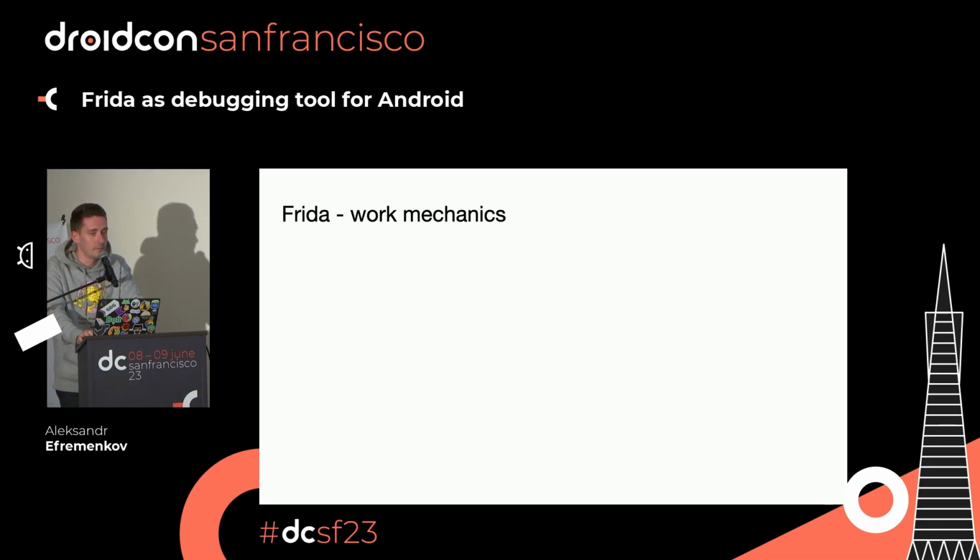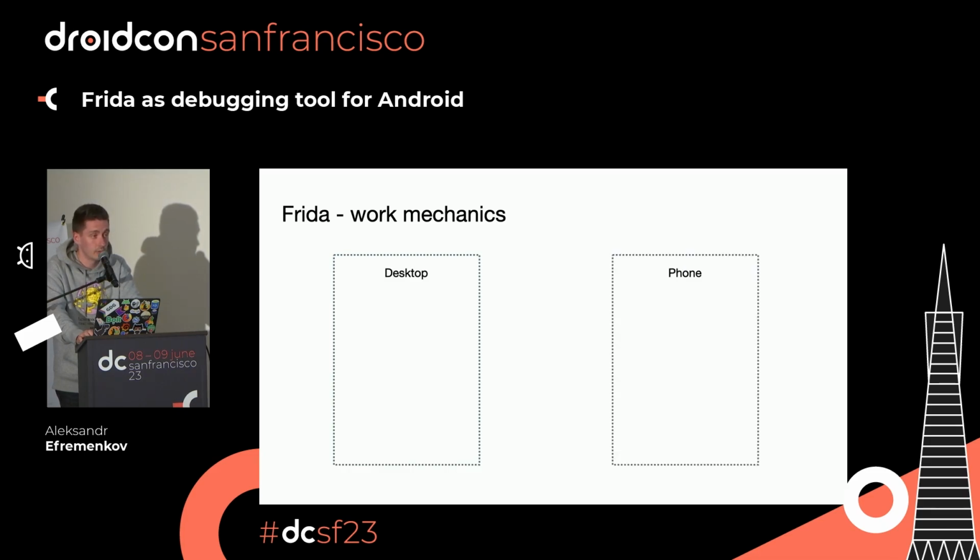So let's jump into the mechanics of how Frida works. Actually there are two entities, which are the desktop and your mobile phone. There is the APK code of your app on the mobile phone, and there's a Frida script on your desktop that you're writing, describing only the hooking logic there.